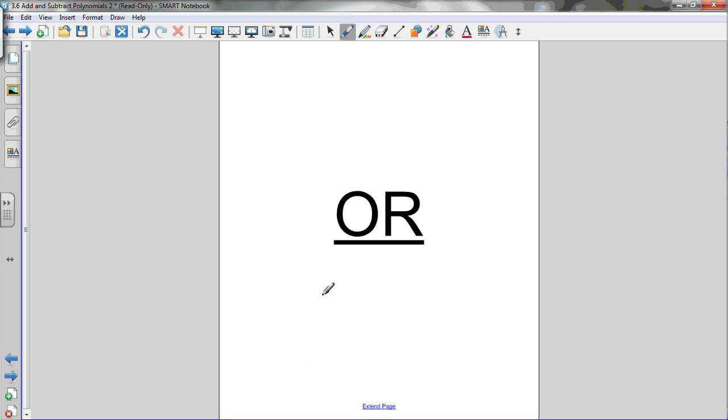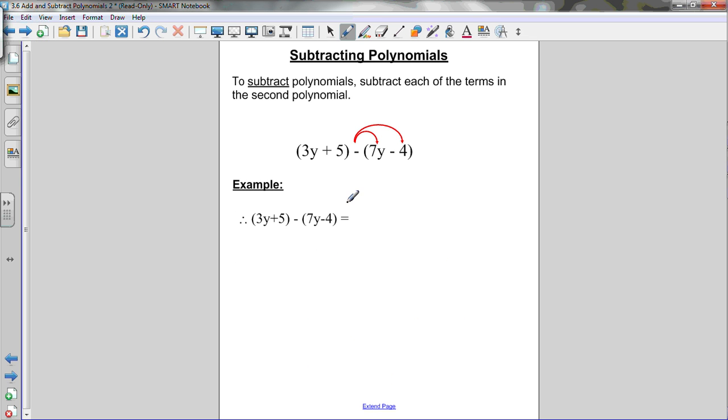The other way you can think of this, or you can think of it the way I like to think of it. So if I see a question, 3y plus 5 minus 7y minus 4, so I'm subtracting a polynomial, I think of subtracting each of the terms in the second polynomial. So I'm essentially distributing this negative sign to each of the terms in the polynomial that I'm subtracting.